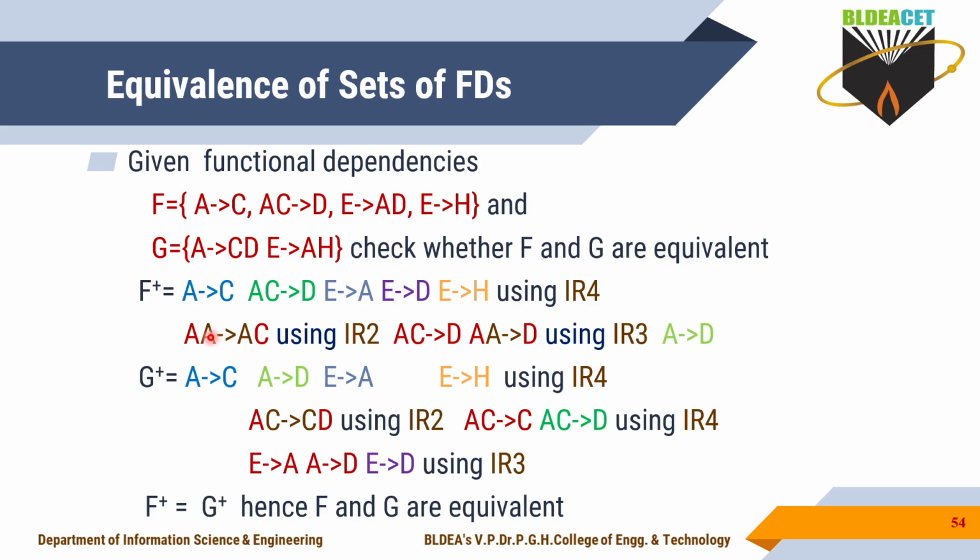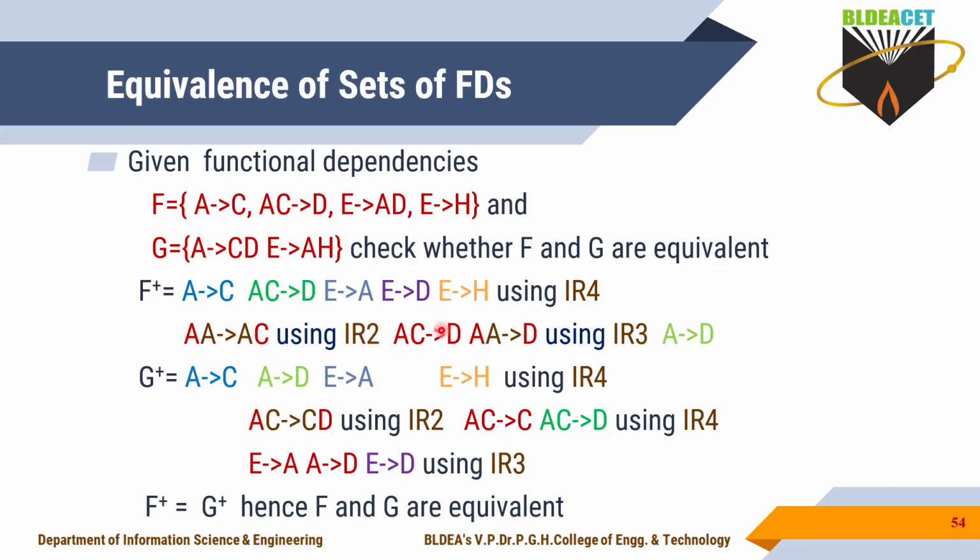It tells us that if X determines Y and Y determines Z, then X determines Z. Here X is AA and Z is D, so AA determines D. We got this by using inference rule 3, the transitive rule. I can write that as A determines D, since AA or simply A makes no difference. Yes, this is the closure of F.